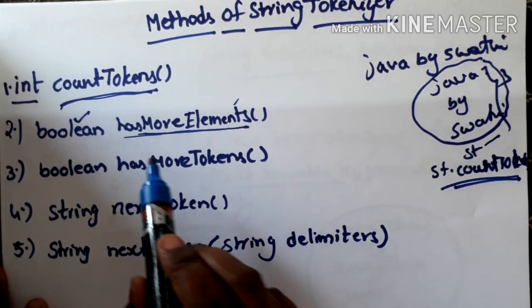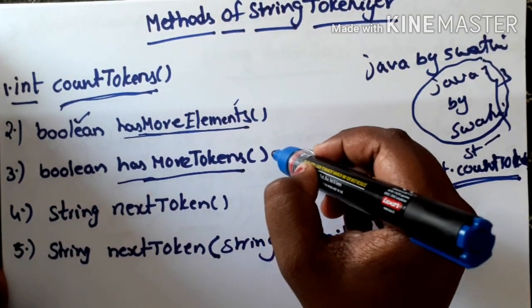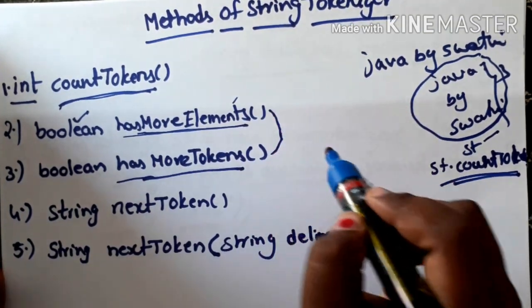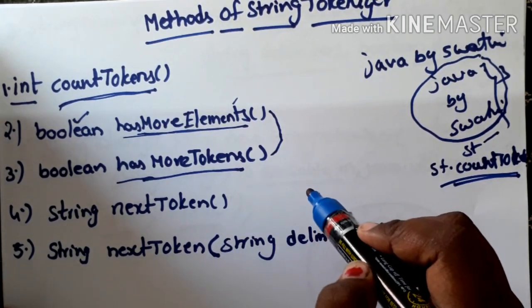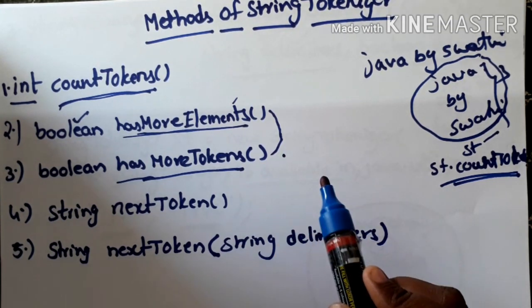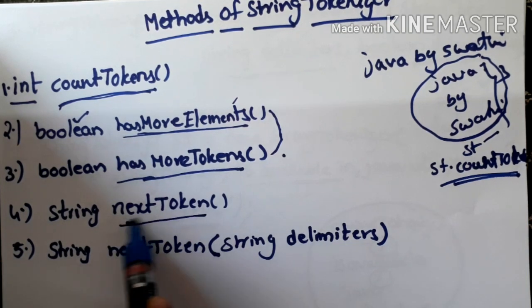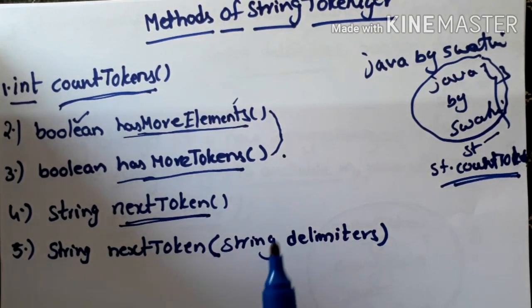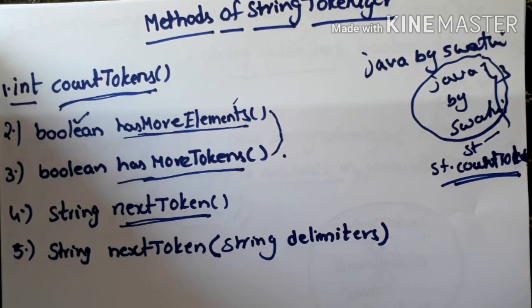The next method is the hasMoreTokens method. This method also serves the same purpose as hasMoreElements. It will return true if there are more tokens to be read, and it will return false if there are no more tokens to be read from the object. And the next method is the nextToken method. It is used to fetch the next token from the StringTokenizer object.